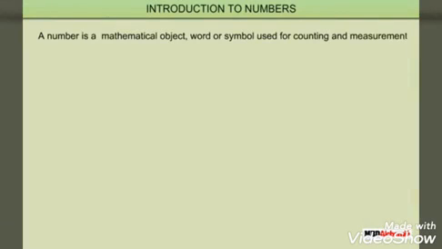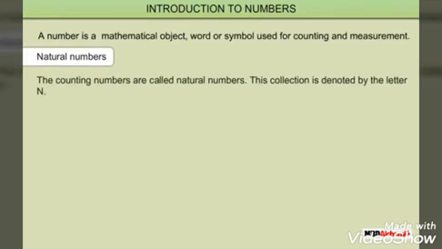Introduction to numbers. A number is a mathematical object, word or symbol used for counting and measurement. Natural numbers. The counting numbers are called natural numbers. This collection is denoted by the letter N and is represented like this.